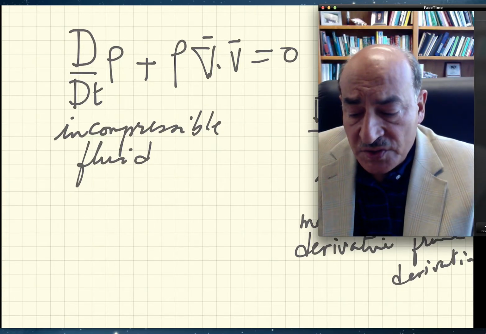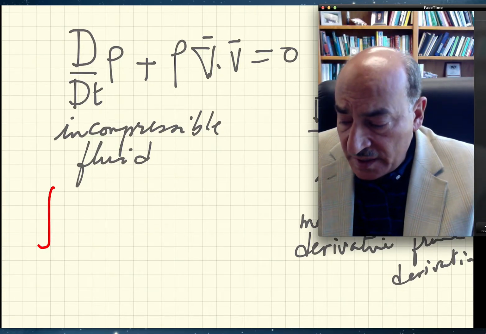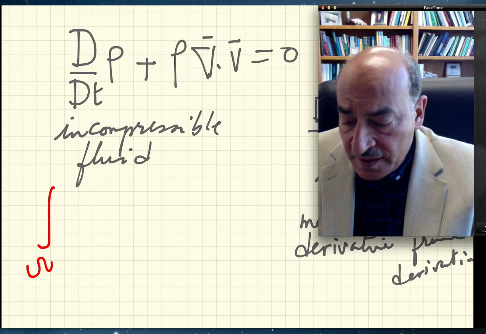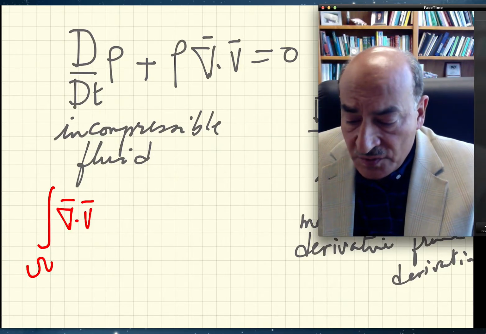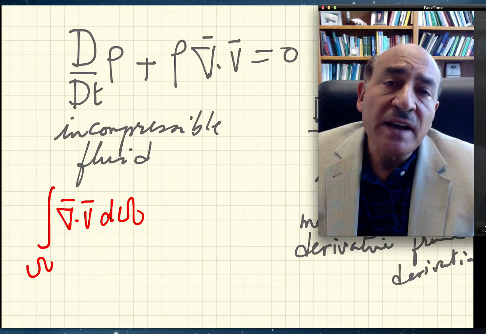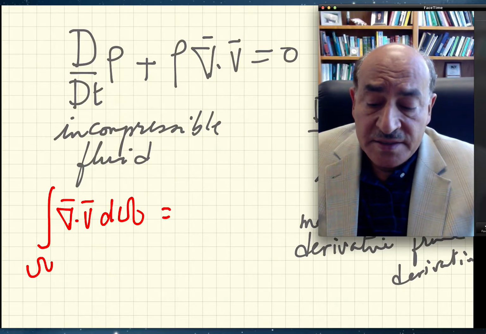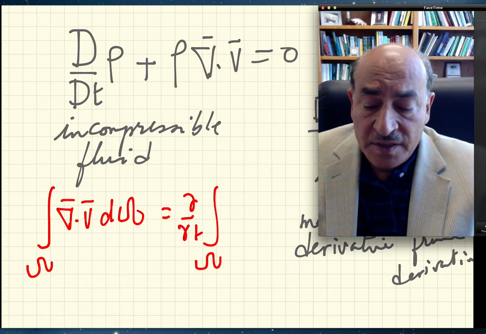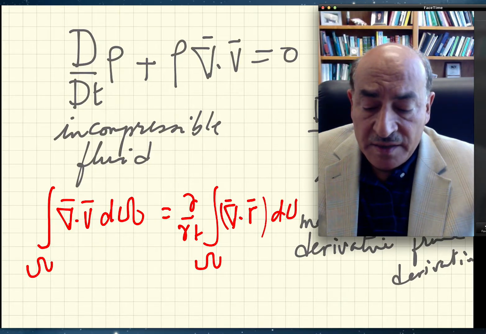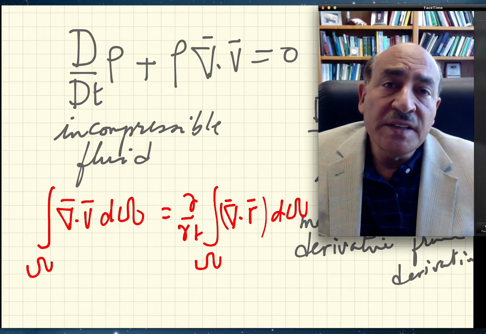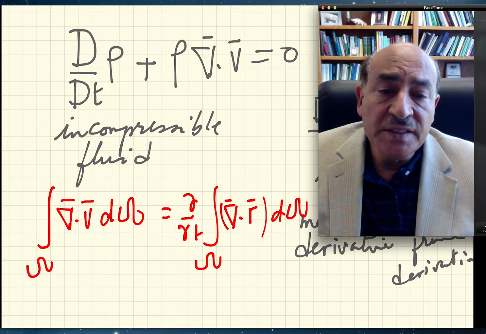In doing so, I'm going to start from the volume integral form, so the integral of the divergence of v over the volume. We want to check this out when we have the incompressibility condition. I can write it as the time rate of change of the integral of the divergence of the position vector r d omega. Note that dr by dt is equal to v, so I just pulled the d by dt out.